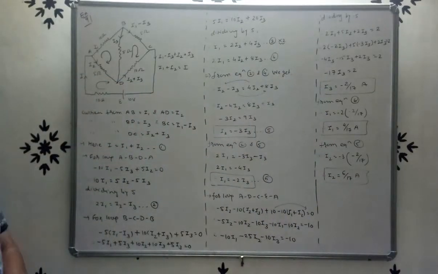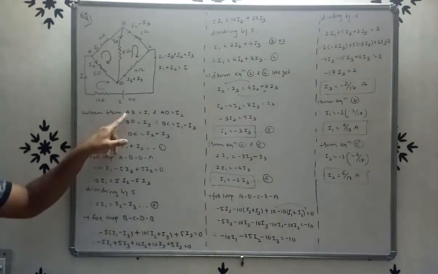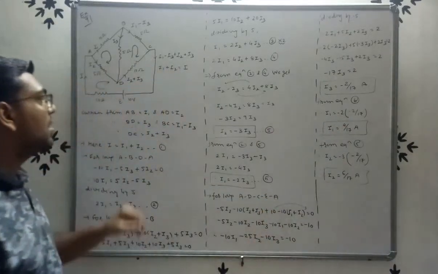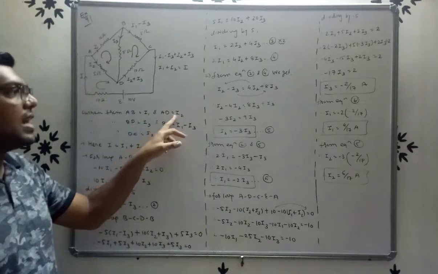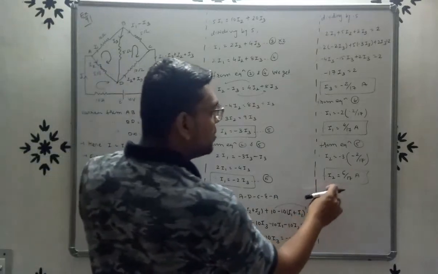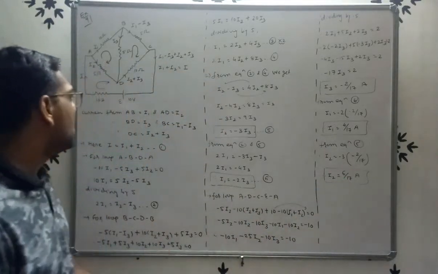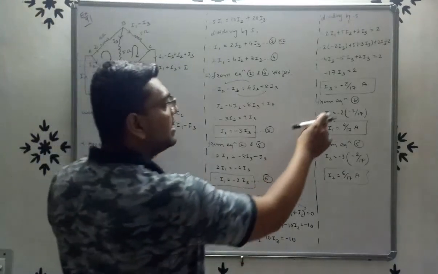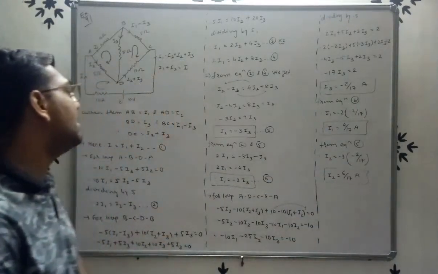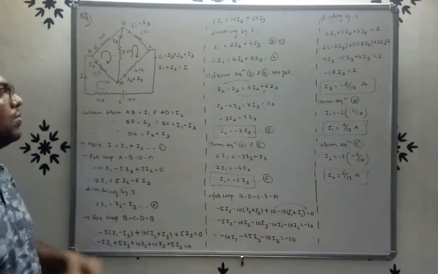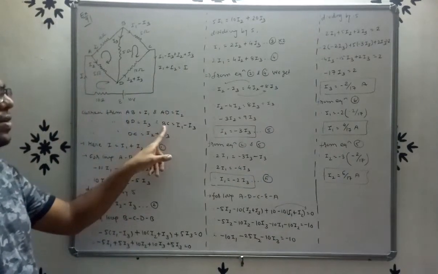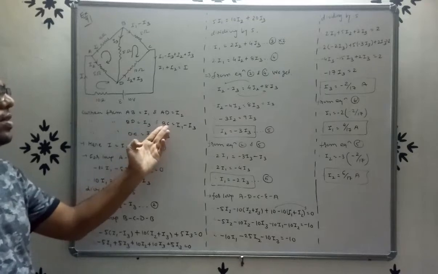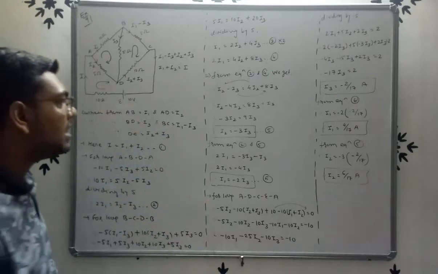So current flowing from branch AB is I1 and we know that I1 is 4 by 17. Current flowing from AD is I2 and we know that I2 is 6 by 17. Current flowing from BD is I3. We know the value of I3, that is minus 2 by 17. Right? Now we have to find out current flowing from BC. The current flowing from BC is I1 minus I3.